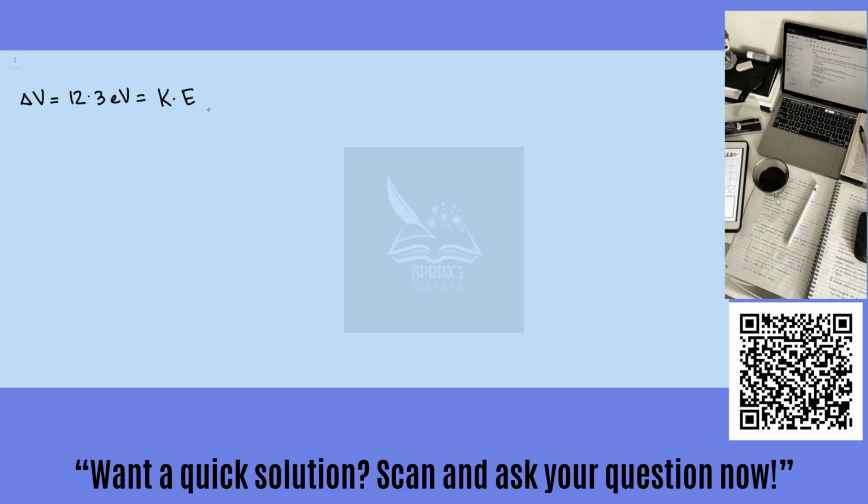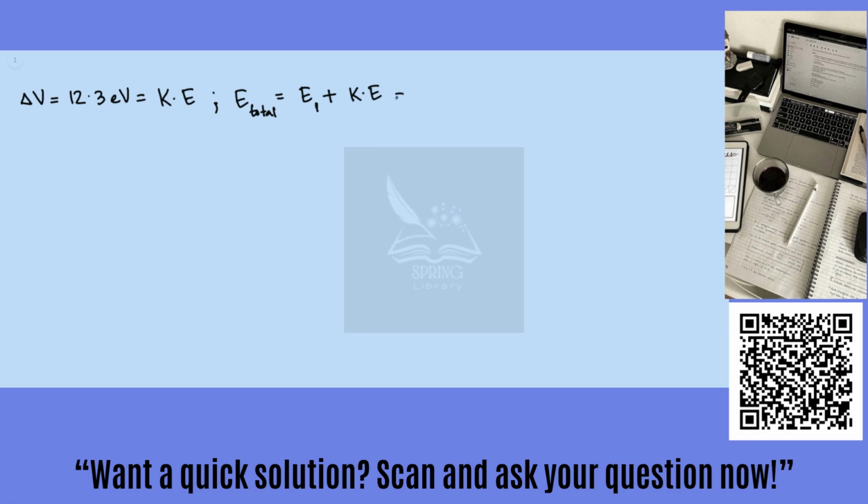Now from the ground state, the maximum energy of the atom, or E total, will be equal to the energy at the ground state, or E1, plus the kinetic energy of the electrons.